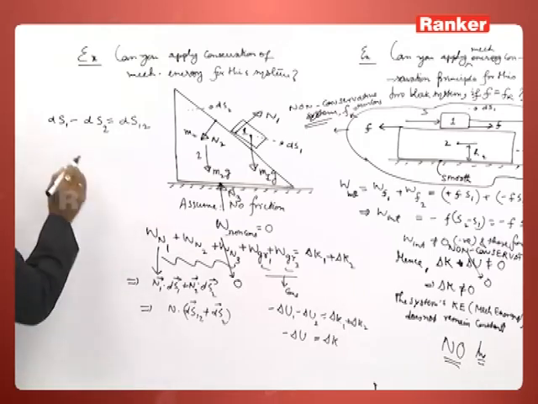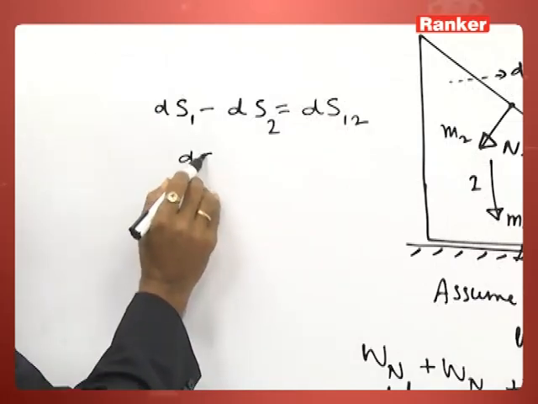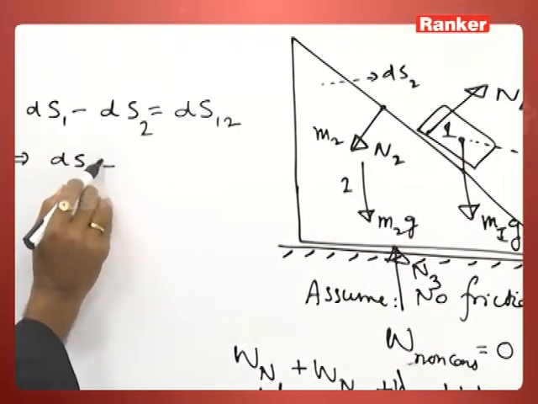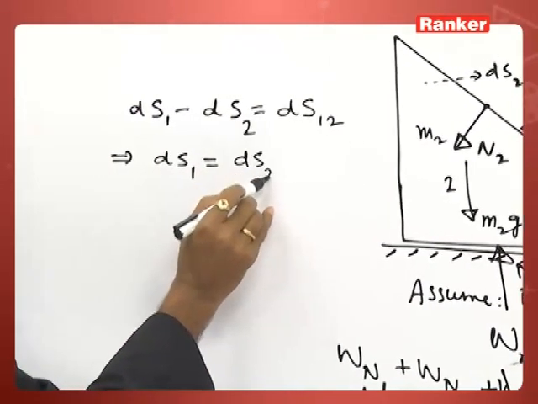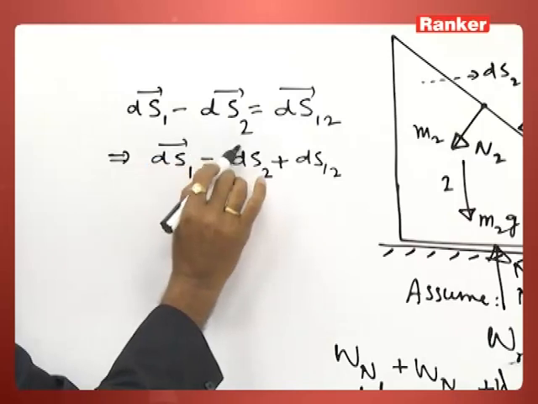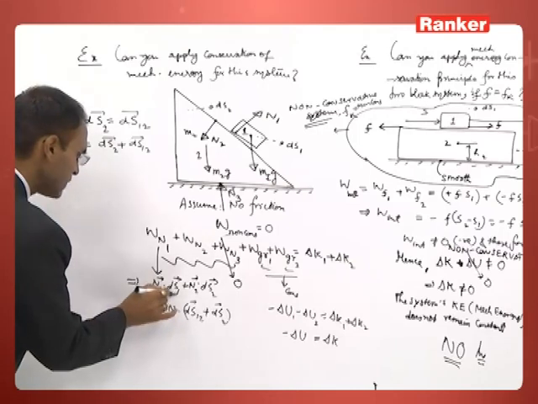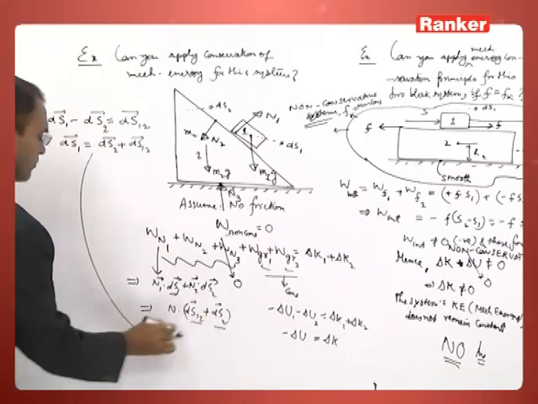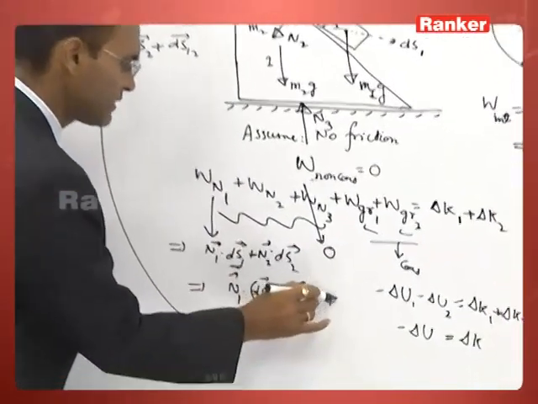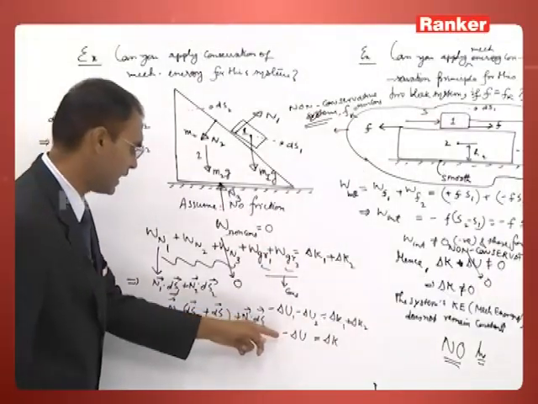Galilean transformation of displacement, velocity and acceleration. Therefore, ds1 equals ds12 plus ds2. These are all vector quantities, so you have to put arrows. This gives N1 vector dot ds12 plus N2 dot ds2, minus del U equal to del K.